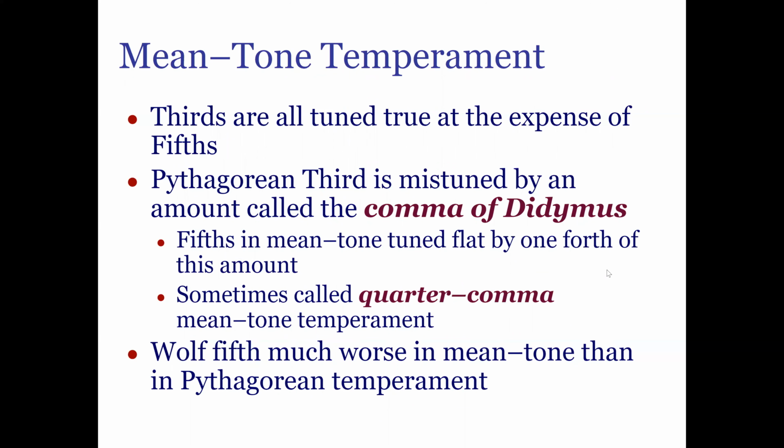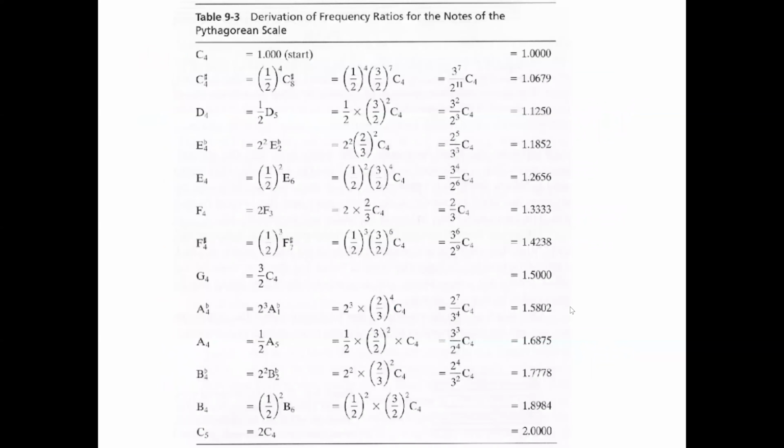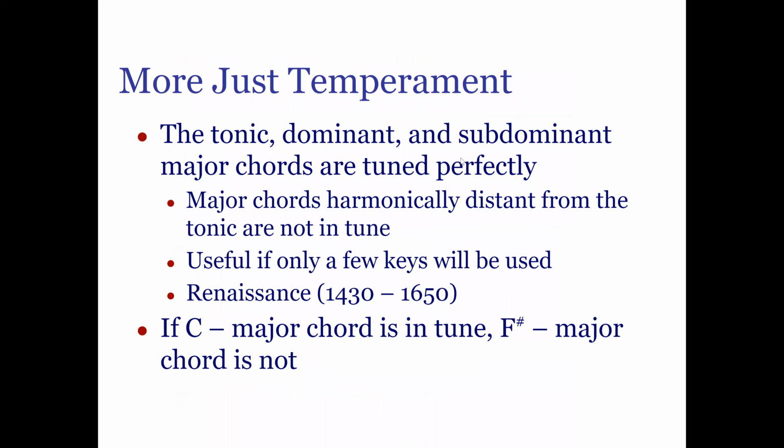In fact, skipping back here, they take this little bit of mistuning that happens on the third naturally in the Pythagorean scale, and they split it into 4 and mistune all the fifths flat by that small amount, a quarter of this mismatch.